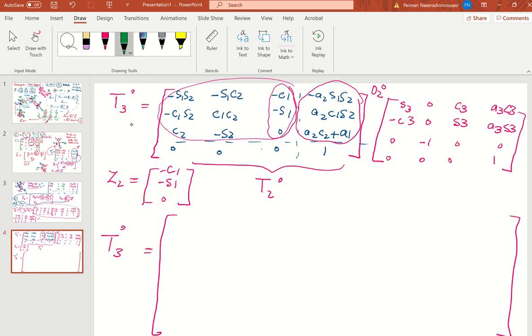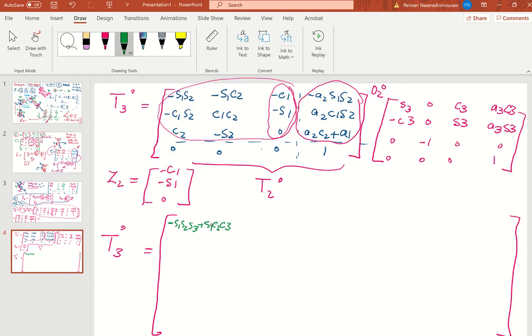This by this is going to be minus S1 S2 S3 plus S1 cosine 2 cosine 3, right, and 0 and 0.